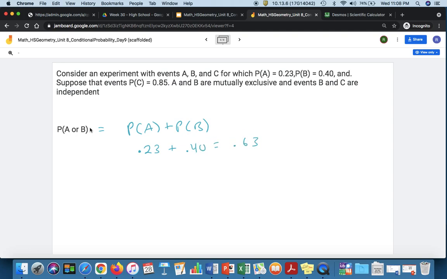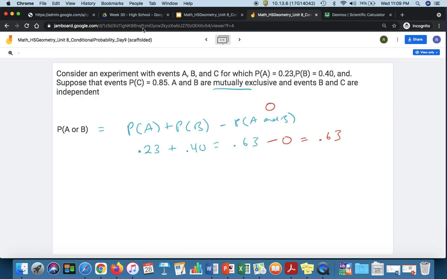Now, I do want to remind you that doesn't mean we don't have minus the probability of A and B here. It's just since they're mutually exclusive, these can't occur at the same time, so this happens to be a 0, right? And if we do 0.63 minus 0, we still get 0.63.